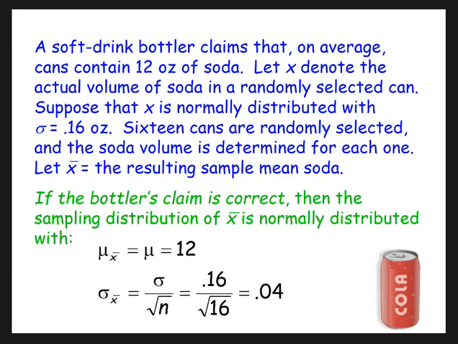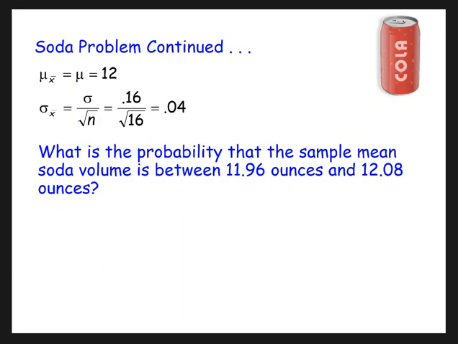The mean of the sampling distribution should be equal to the population mean of 12. The standard deviation should be the population standard deviation of 0.16 divided by the square root of the sample size. We selected 16 cans, so 0.16 divided by the square root of 16 is 0.04. So that's our sampling distribution. It should have a mean of 12 and a standard deviation of 0.04.